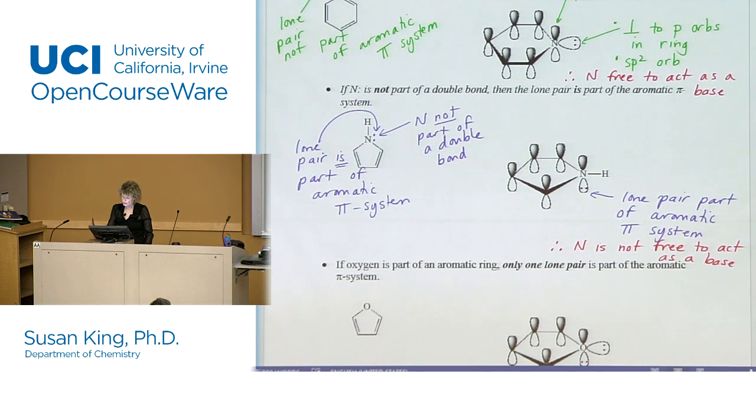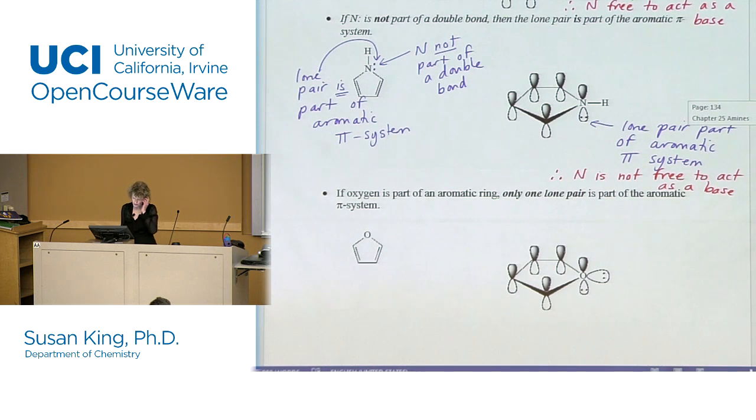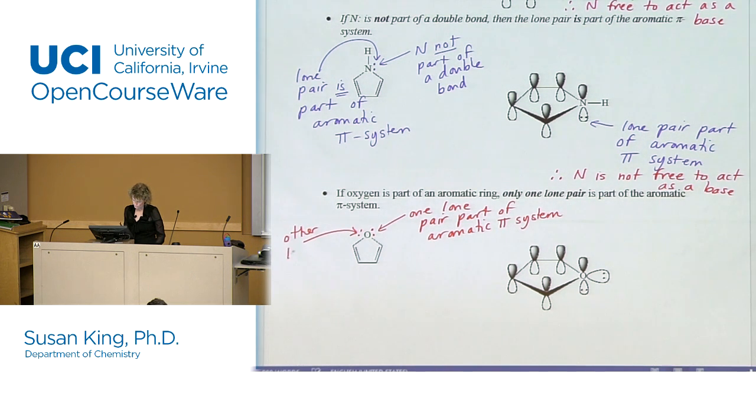When we have oxygen, and again, you might need to go back and review in chapter 17, if oxygen is part of an aromatic ring, only one lone pair is part of the aromatic pi system. Okay, so one lone pair is part of the aromatic pi system, and the other lone pair is not part of the aromatic pi system.